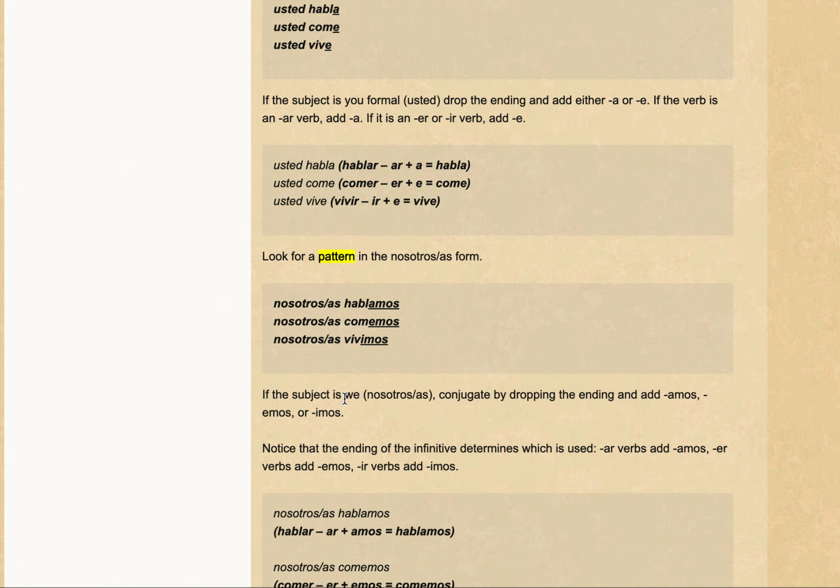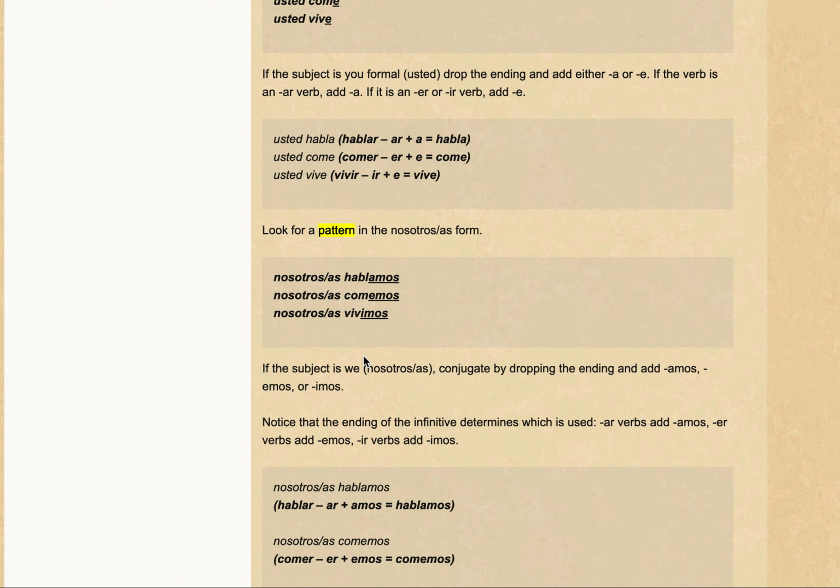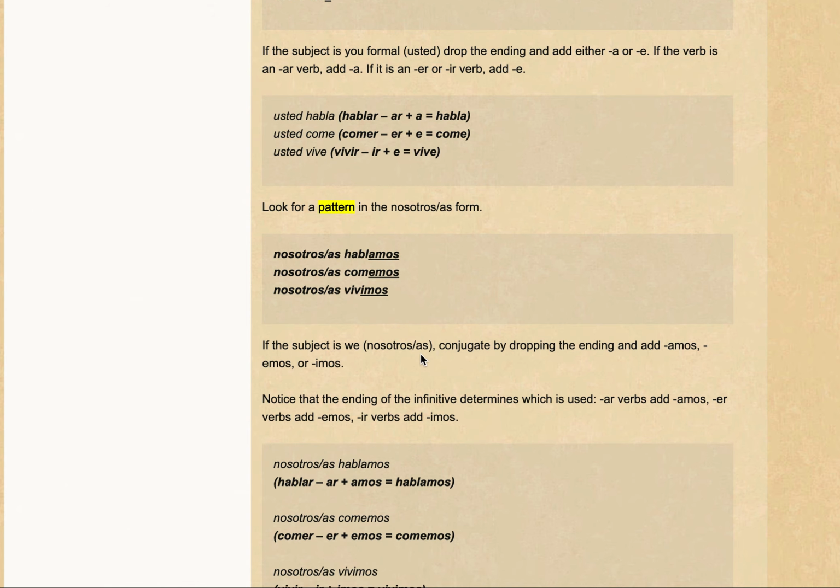Alright, let's look at the third one here. It is nosotros. The subject is we. Conjugate by dropping the ending and adding amos, emos, or imos. Notice in this case there are three different conjugations, and the ending of the infinitive determines which is used.